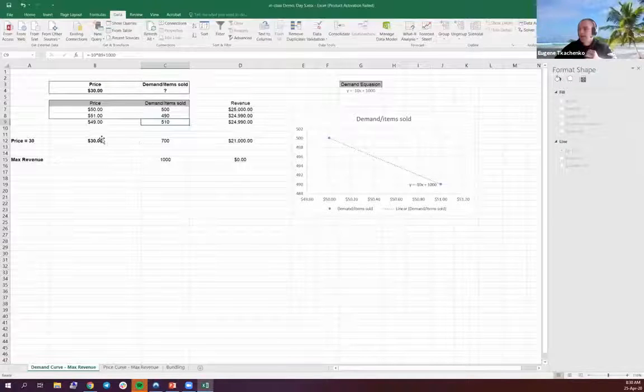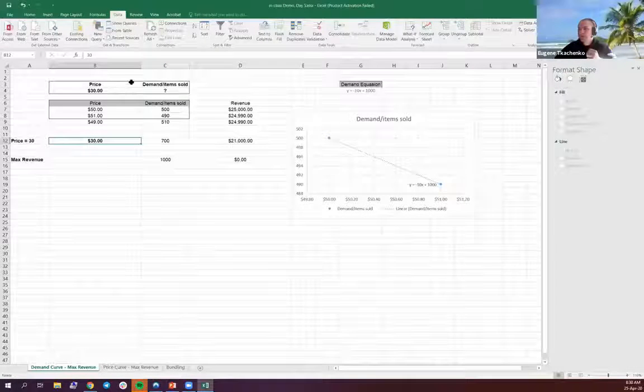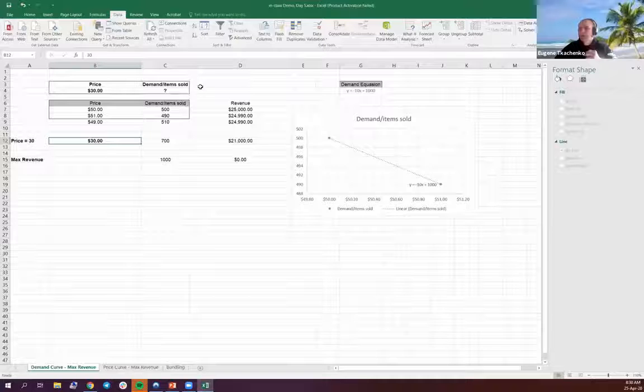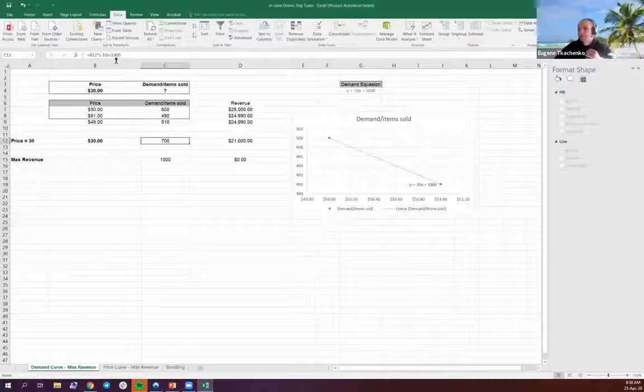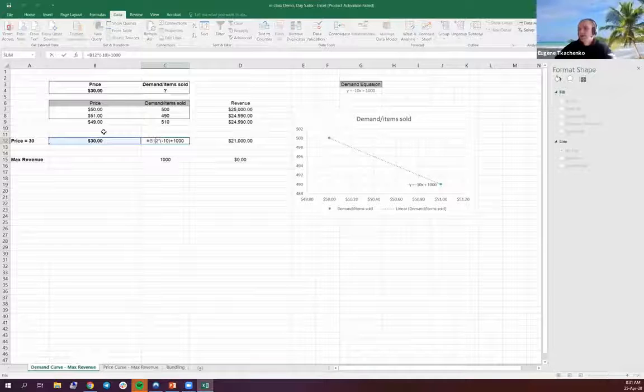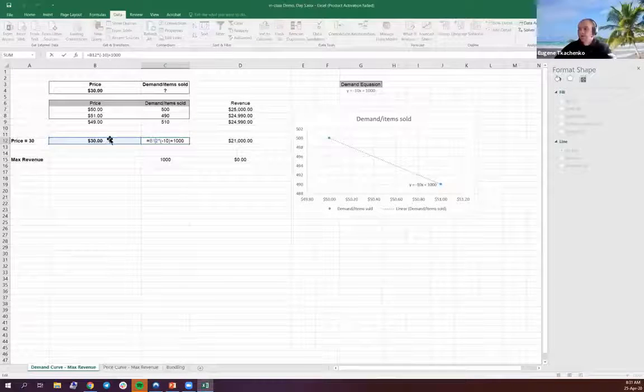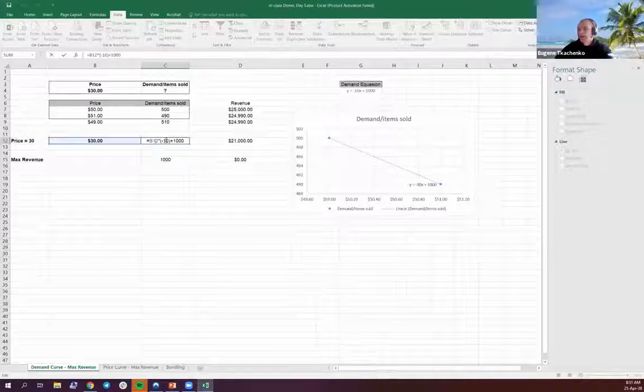So the pattern or the expression we are seeing right now is all based on and linked to the demand equation. But what if we want to play with, for example, the price point of $30 and understand our demand pattern? That's simple. We just use the same function we have for the demand equation here. We reference the price point of $30 as it is here, and make sure that all components of the demand equation are included.